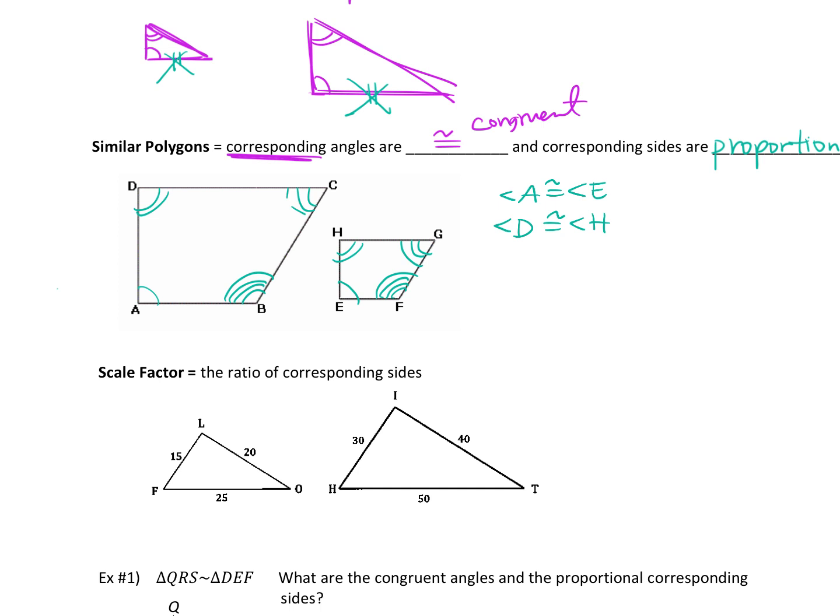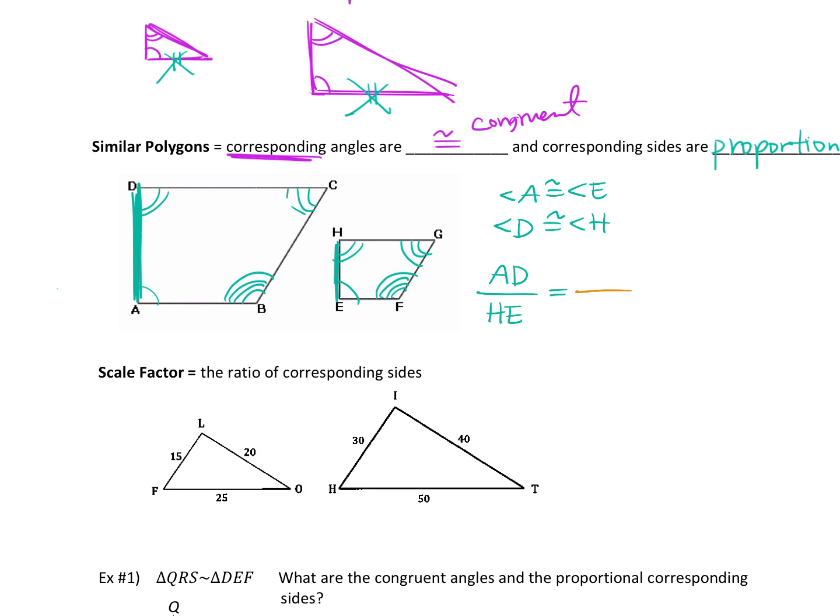The sides are proportional. So the way we do that is we set up ratios of our sides and we set them equal to each other. So for instance, I could say that segment AD corresponds to what segment? HE. Okay. So AD to HE will equal, now here's where you have to be a little bit careful.